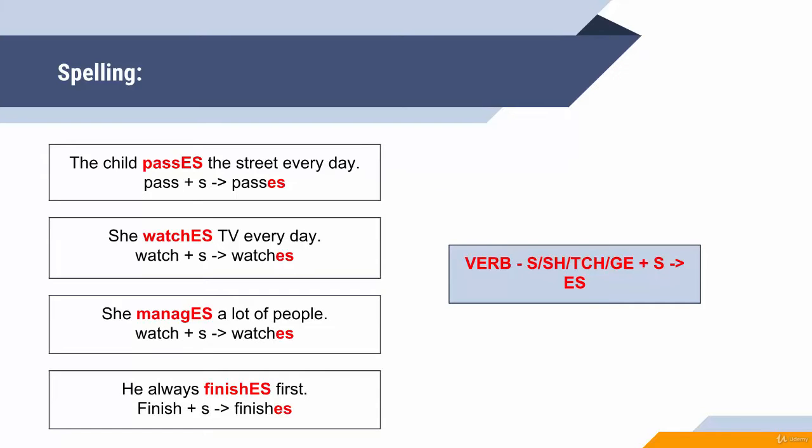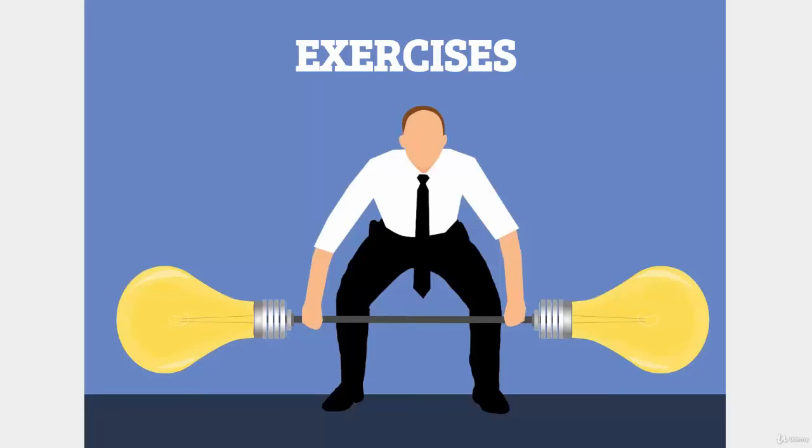When the verb finishes in S or SH or TCH or GE, then you need to add E. S only is not enough. And you pronounce it in a different way. Passes, watches, manages, finishes. Well done. The first step is done already.